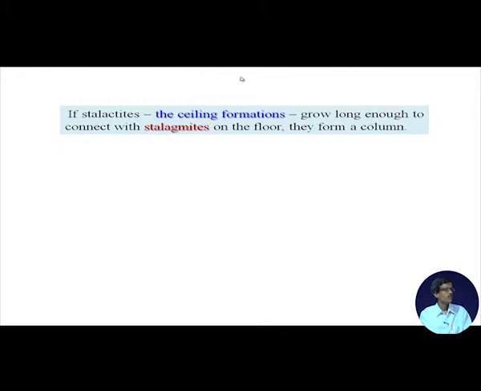So, if what is forming from the ceiling and what is getting deposited on the floor connect, with something sword-like coming from the ceiling and something depositing on the floor, we get a column-like structure.